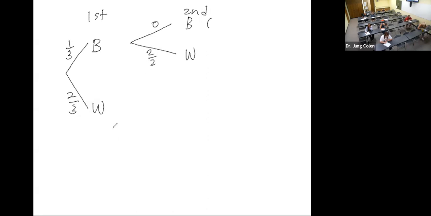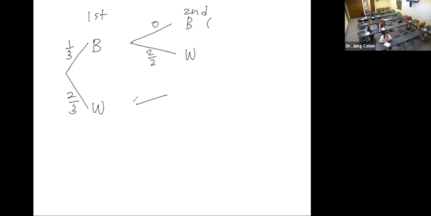So 2/2. Do you agree? And do you see how the denominator is changing this time? Because in the first row we had 3 balls, but in the second row that ball is out. There are only 2 balls left. So when you are not replacing the ball, the denominators are changing. So you need to pay attention to that.